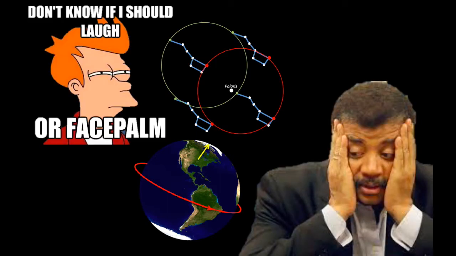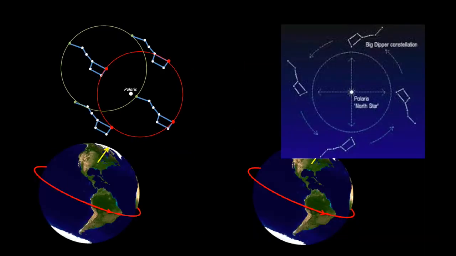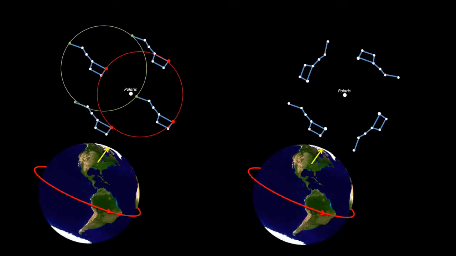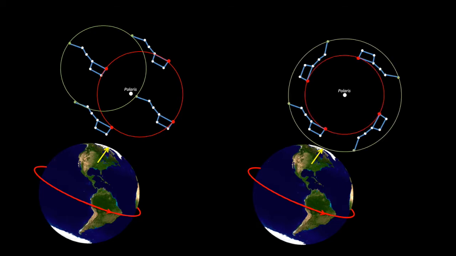Anyone with a brain can see the problem here. When constellations go around the celestial pole, they don't go around like that, they go around like this. In which case, the star trails would not intersect each other, and yes, this would also happen if the Earth is round and it rotates on a fixed axis.